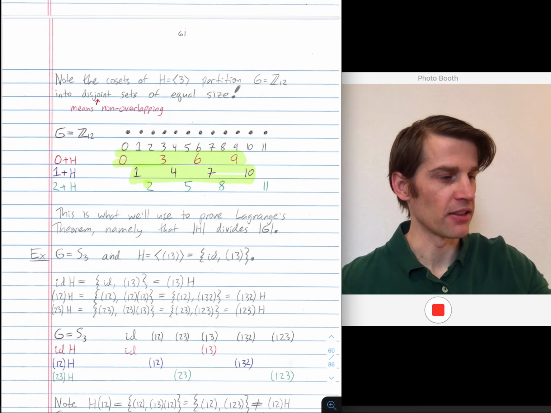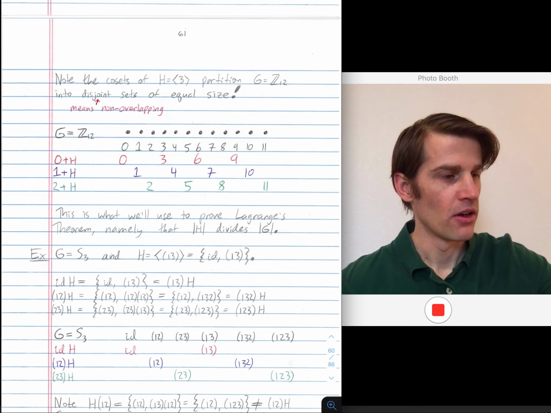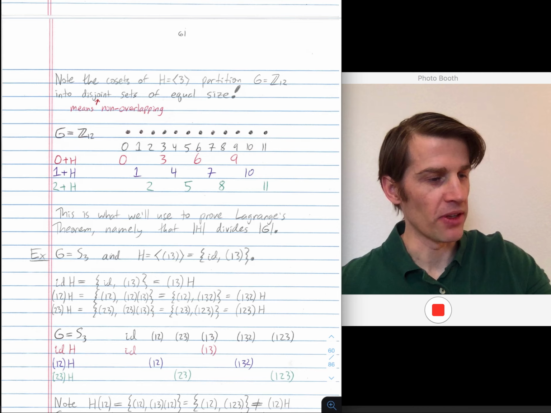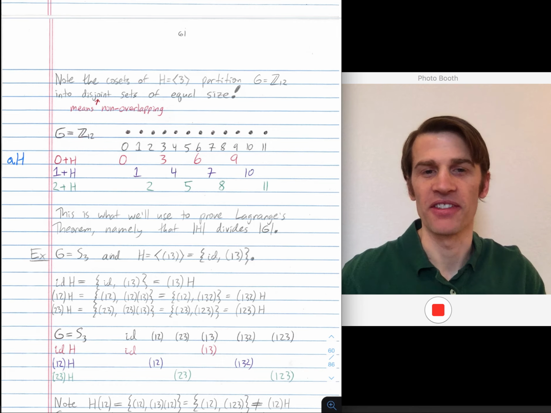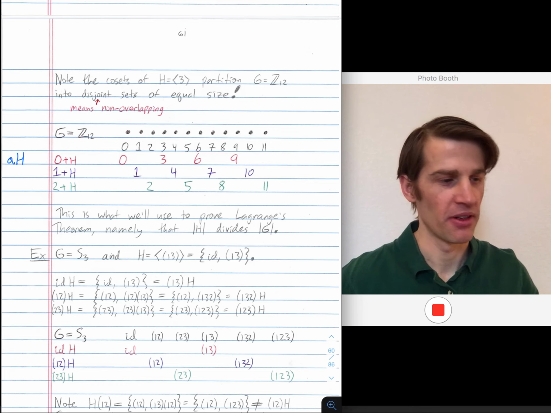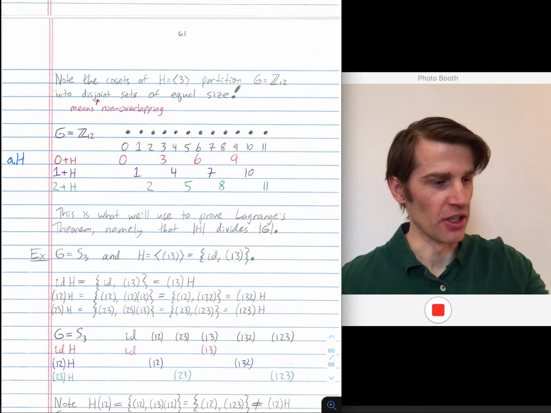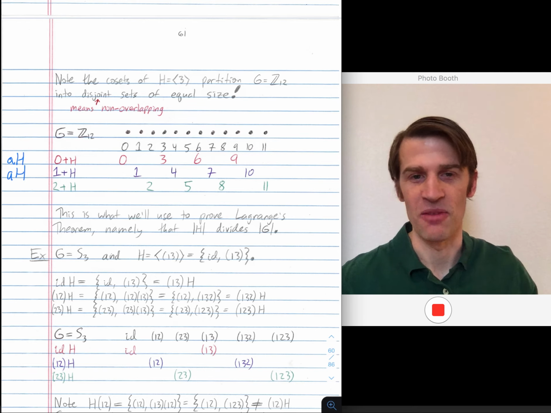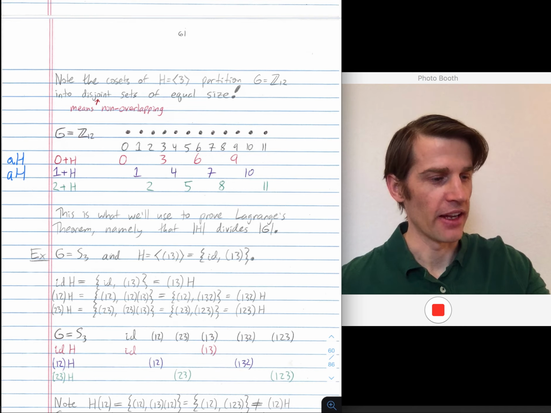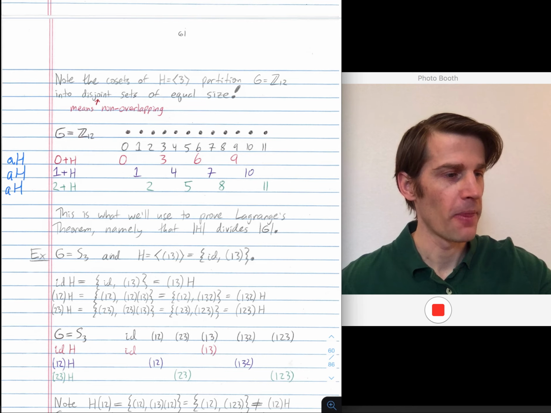And 2 plus H is this coset. 0 plus H is aH, where a happens to be 0. I've written a plus there because this is an additive group. Similarly, 1 plus H is aH, where a is 1. And 2 plus H is also aH.